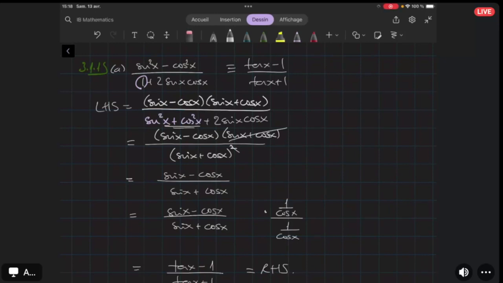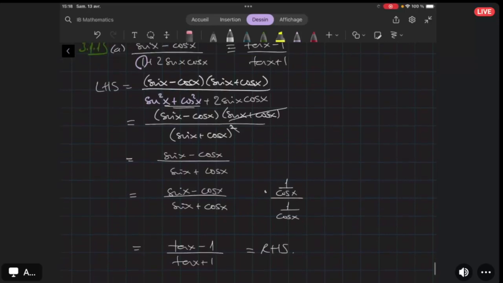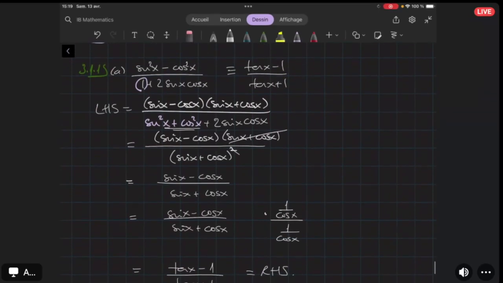Well, I don't know if you can find a way to get it to your final destination. Yeah, so the 2 sine cos basically got swooshed into that squared.